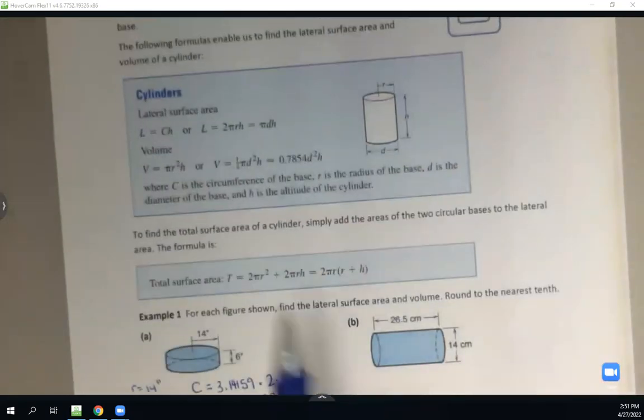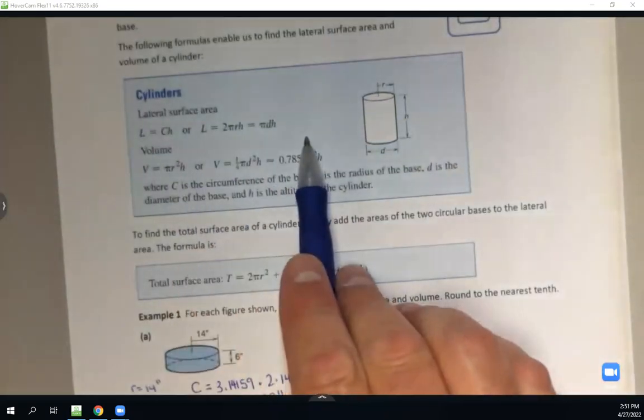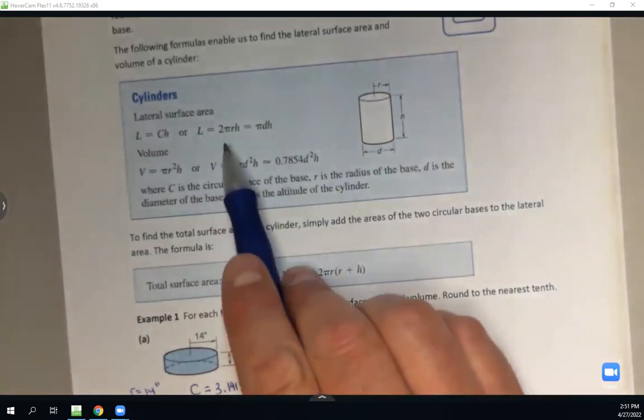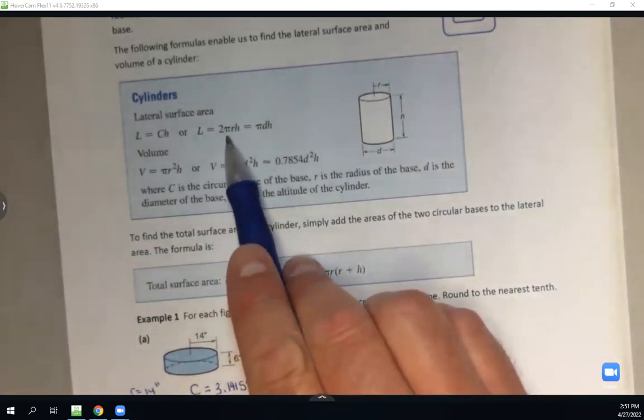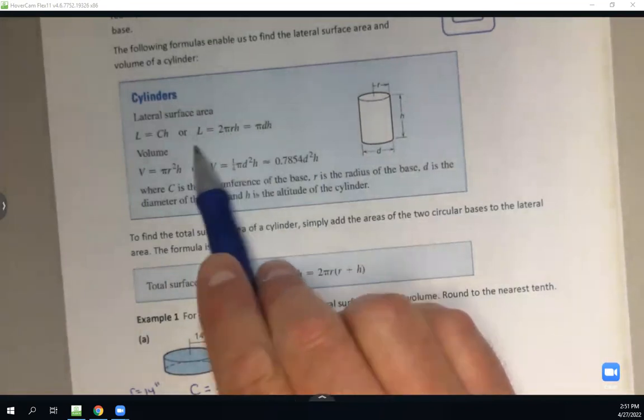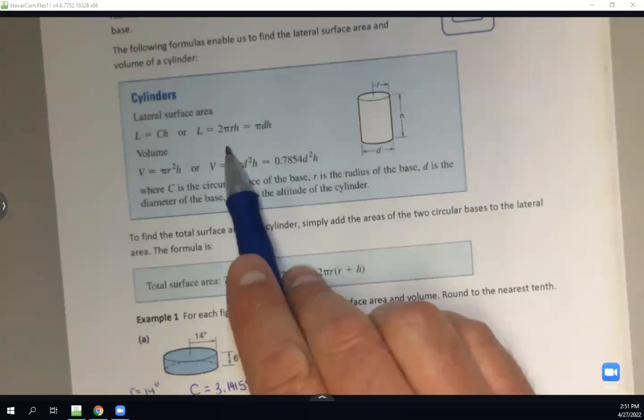Now, I did not directly use the formulas up here. So for finding the lateral surface area, I could have taken 2 times 3.14159 times 14 times 6 and got that all at once.